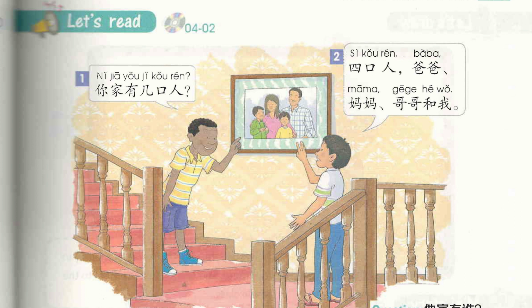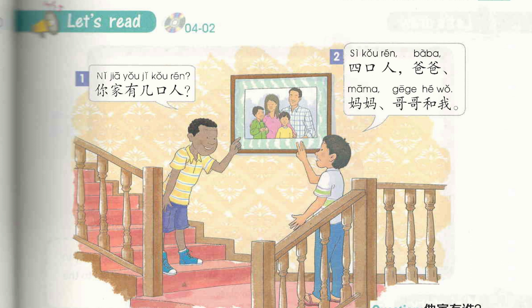A boy is saying 四口人，爸爸妈妈哥哥和我。四口人 means 4 people in the family.